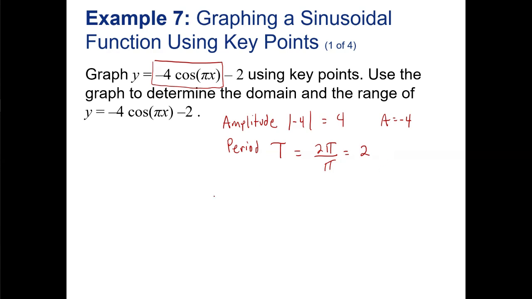And we know that we have to take the original coordinates of the cosine, and we're going to take each x and divide it by pi. And then for y, we're going to take -4 times y.